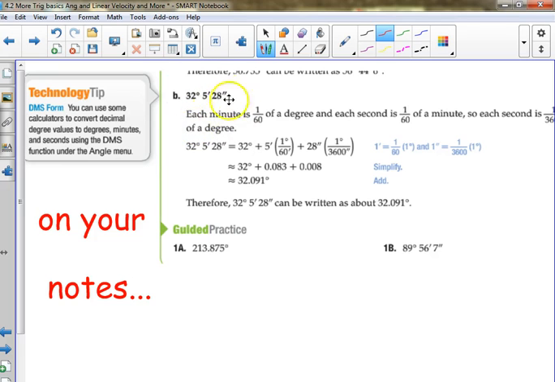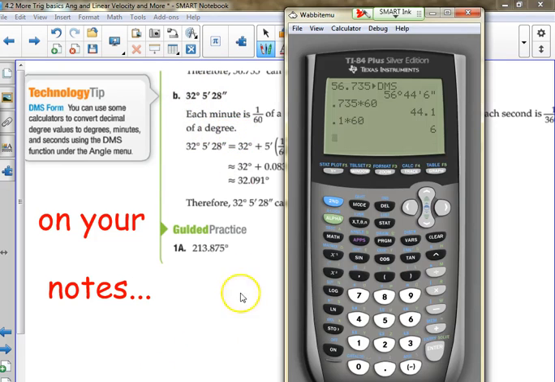So when I used to do this question right here in the good old days, and I still do it this way, honestly, I would say it's 32 plus 5 divided by 60 plus 28 divided by 3,600.